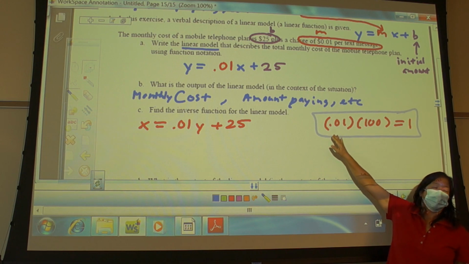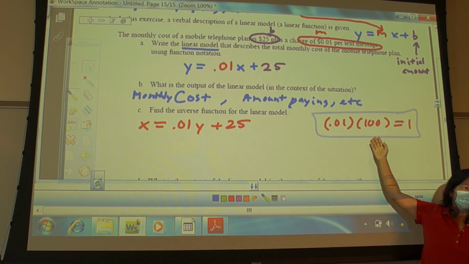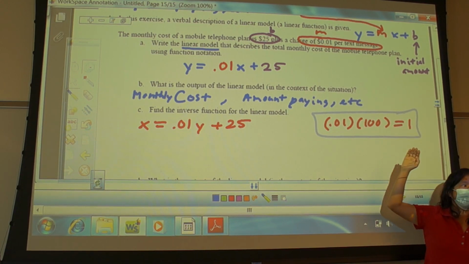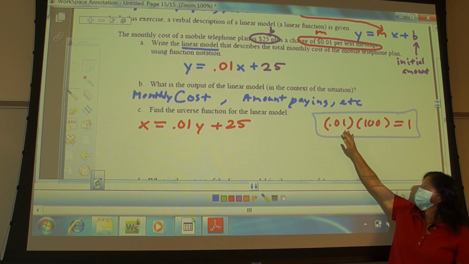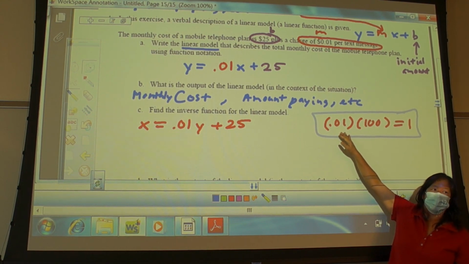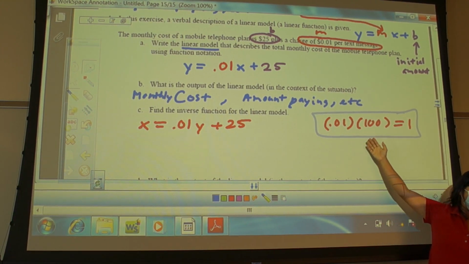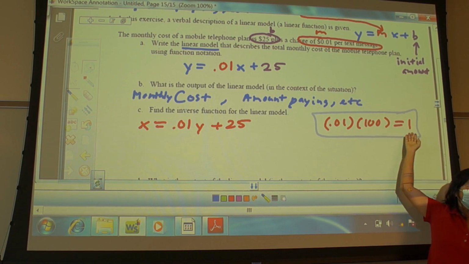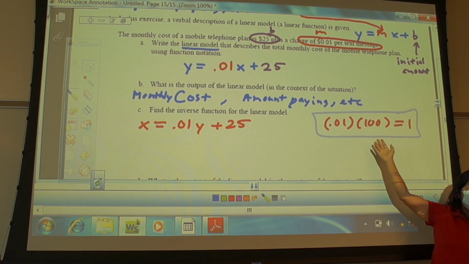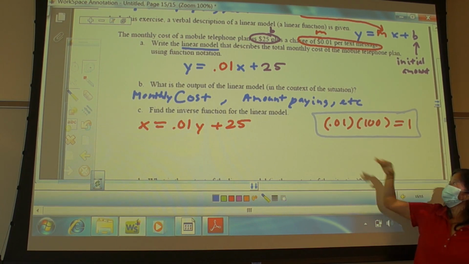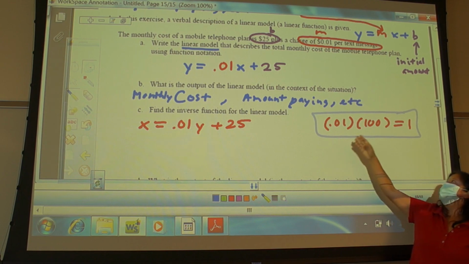The reciprocal of 2/3 is 3/2. So in other words, it's a multiplicative inverse. If I want to get rid of multiplying by 0.01, I multiply by 100, because if I multiply these together, I get 1. So you're going to need that later. Right? How do I get rid of multiplying by 0.01? Multiply both sides by 100.